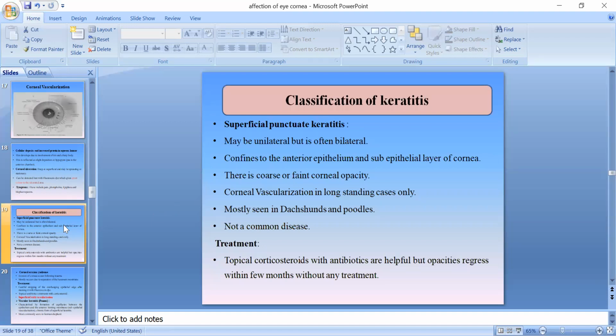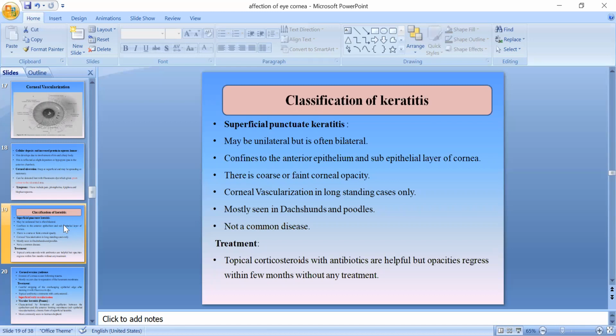There is coarse or faint corneal opacity in superficial punctate keratitis. Corneal vascularization occurs in long-standing cases only, mostly seen in dachshunds and poodles. So dachshunds and poodles are affected by superficial punctate keratitis. That is not a common disease.